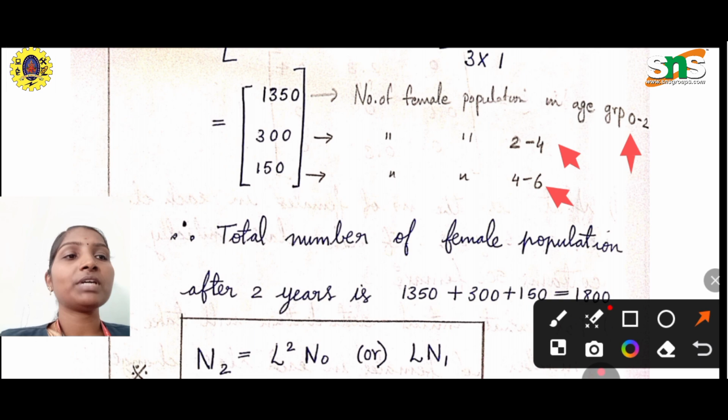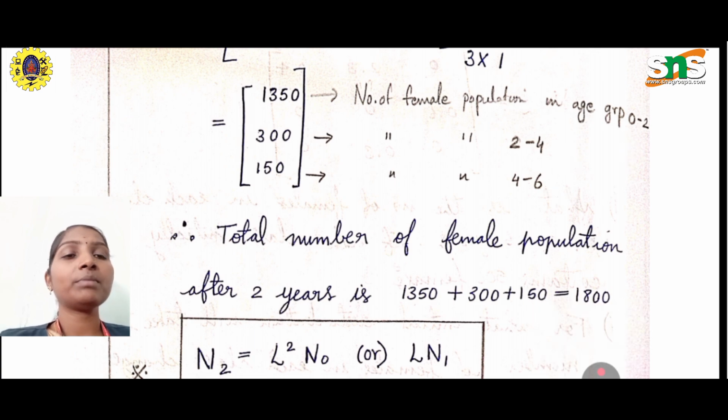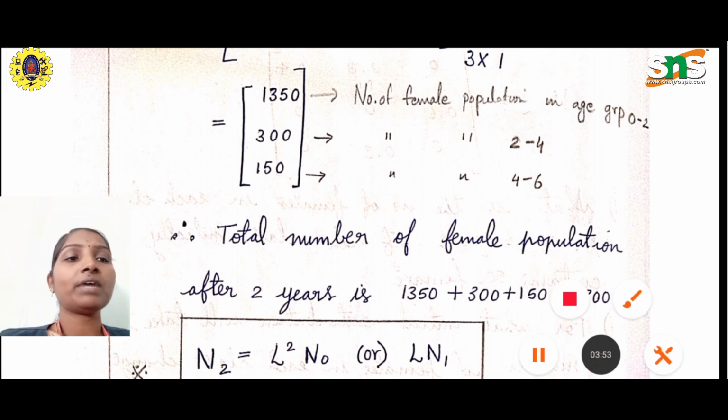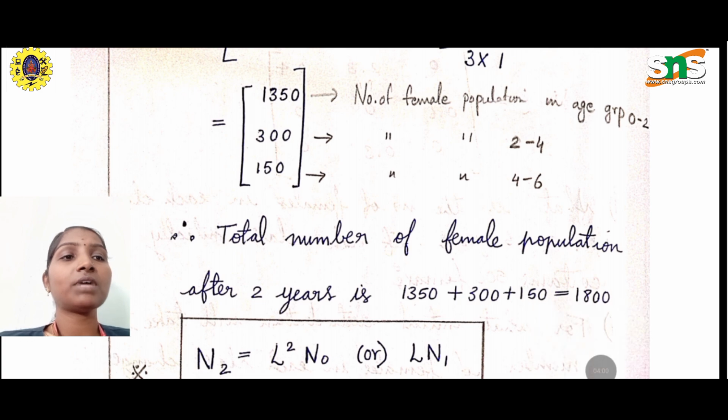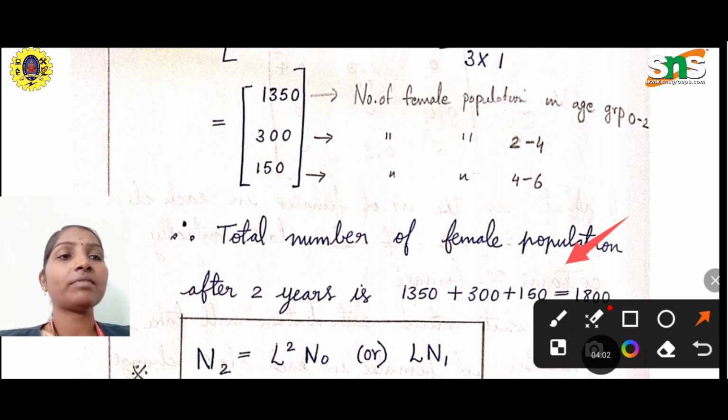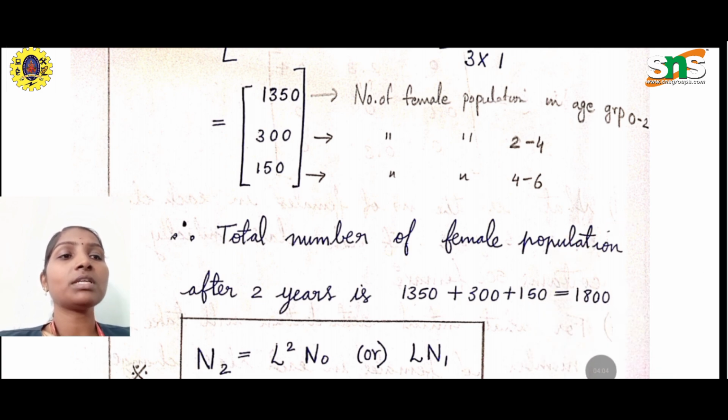In the question we are asked to calculate the female population after 2 years in all the stages, so we have to add all 3 values: 1350, 300 and 150. Adding them, we get 1800. This is the total number of females after 2 years.